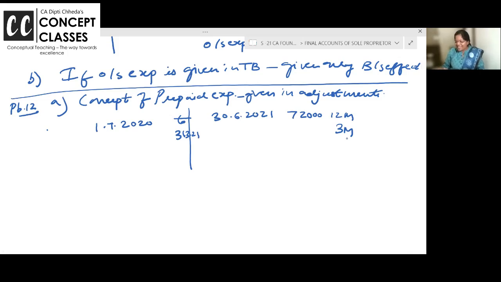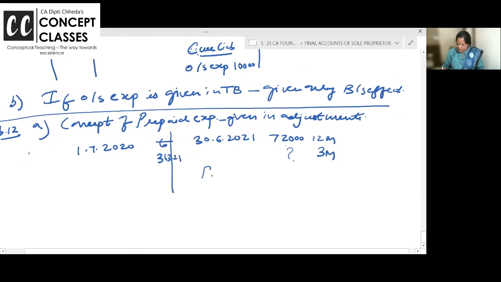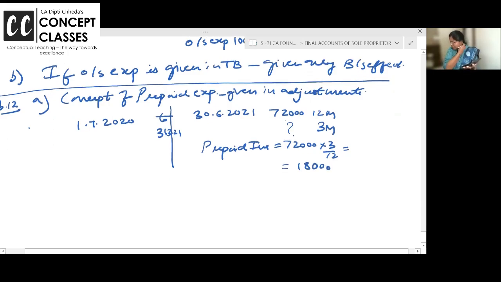We are in concept learning mode now. Concept gripping problems we are doing. 72,000 is for 12 months. For 3 months, how much? Prepaid insurance is 72,000 into 3/12, which is 18,000.